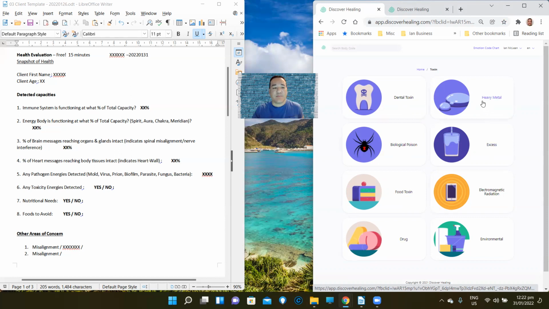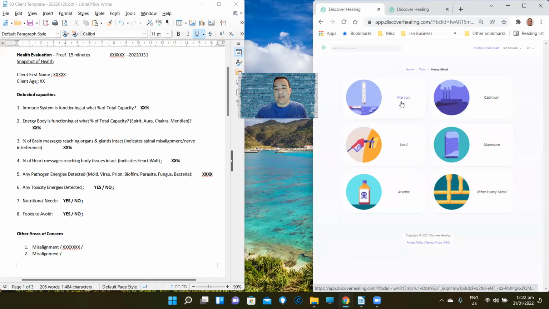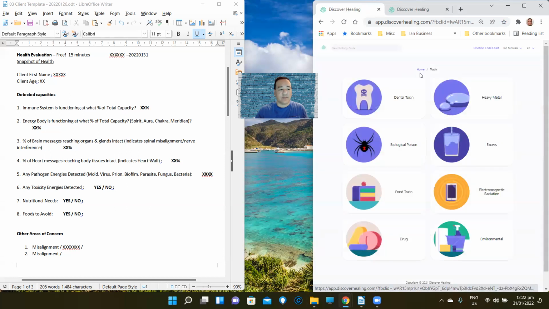Heavy metals is a pretty common one, like mercury, lead, aluminum, and so on. A lot of toxicity could affect your immune system, so the two correlate a lot of the time.